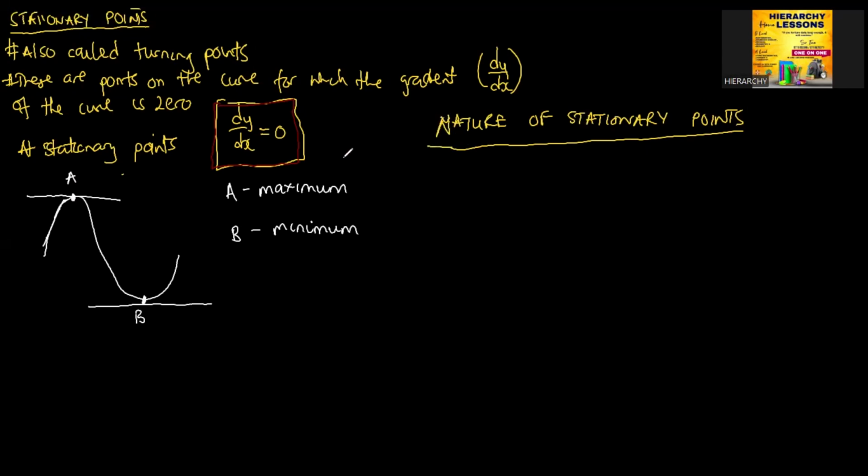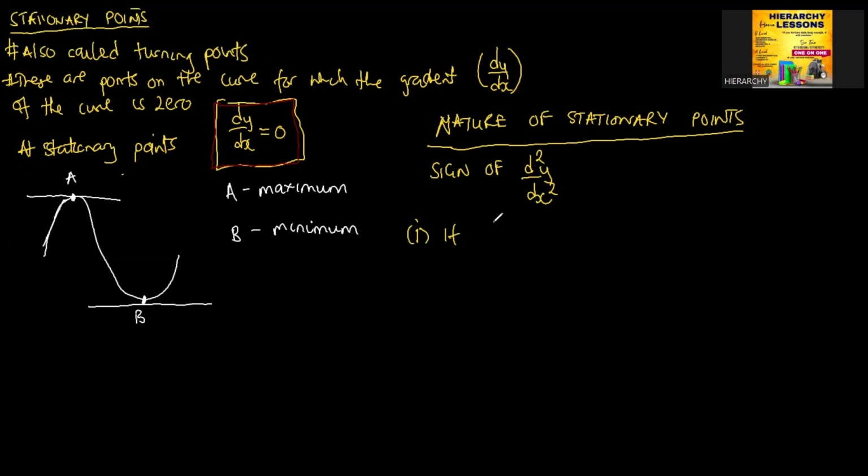I'm going to teach you the simplest method. You're going to examine the sign of the second derivative to observe whether the stationary point is a maximum or a minimum.